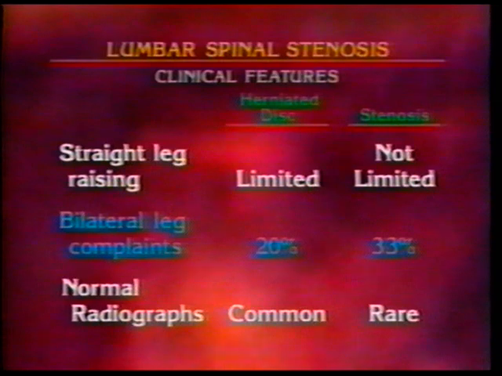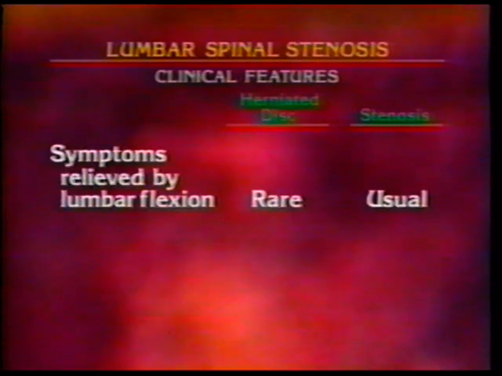Normal radiographs are common in the patient with disc herniation, and they are rare, if not impossible, in the patient with stenosis. One rather unique feature, which is almost pathognomonic to lumbar stenosis, is the fact that their symptoms of leg pain are often relieved by lumbar flexion, and that is rare in the patient that has a herniated disc to have lumbar flexion relieve their symptoms.